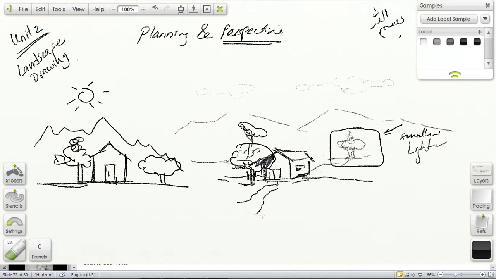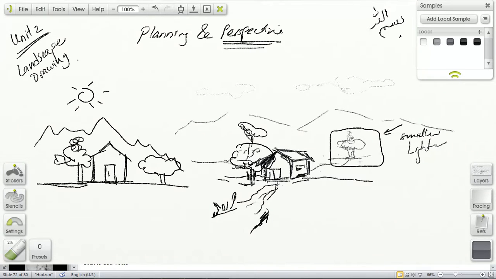So things that are closest to the viewer are darker, and things that are farther away get lighter and lighter like that. And there's the concept of perspective. So how do you make objects look three-dimensional? That's what we mean by perspective, making a three-dimensional looking drawing in two dimensions.